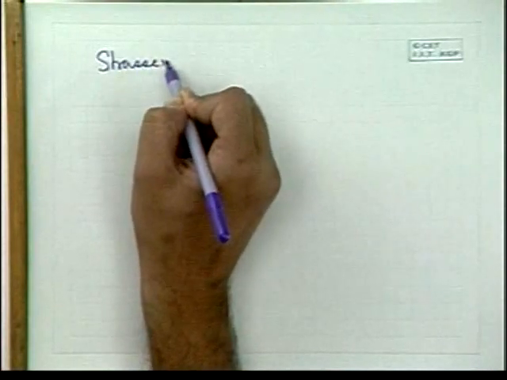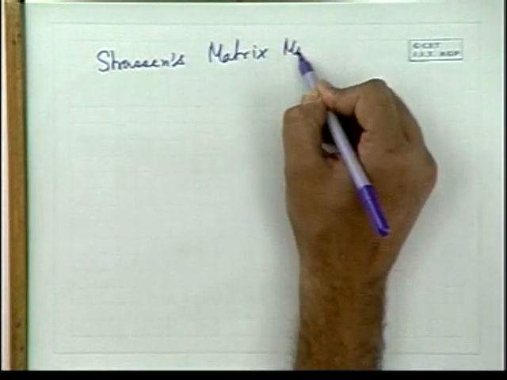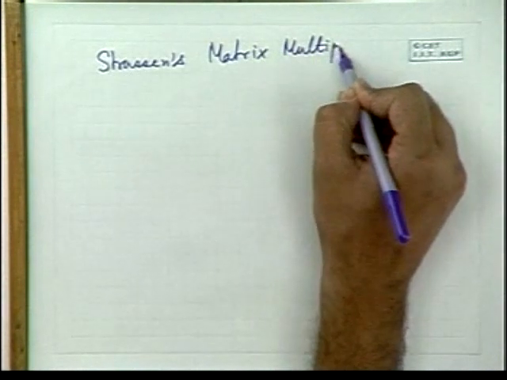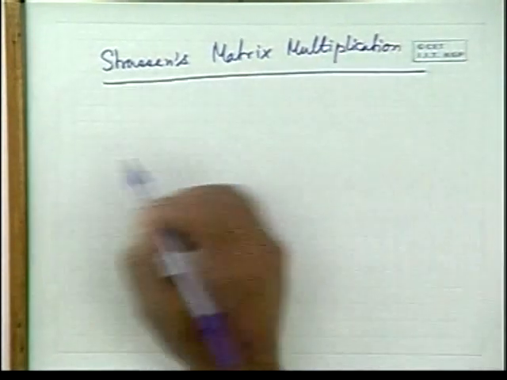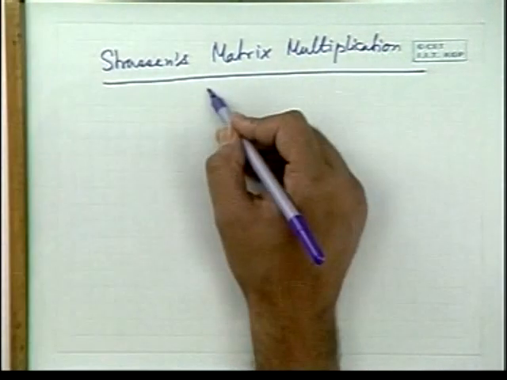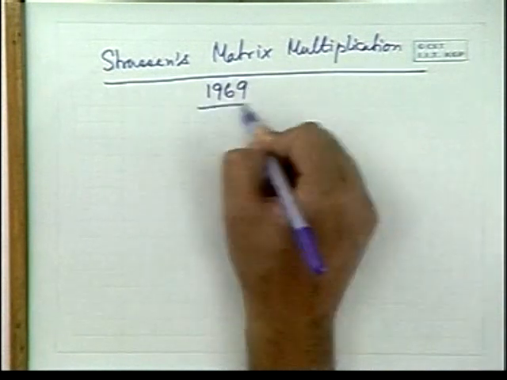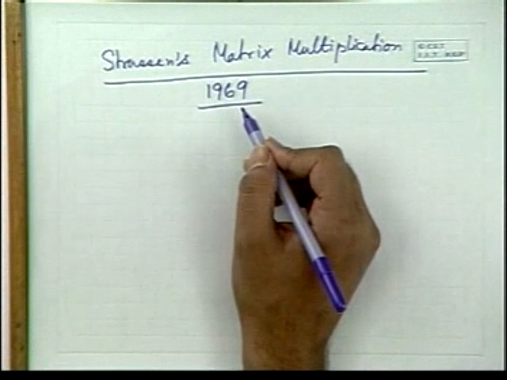So this is the matrix multiplication, and this is called Strassen's matrix multiplication algorithm. The algorithm which I just told you, I didn't write the pseudocode, but I hope you can write it. It was found in 1969. Since then it has improved actually.